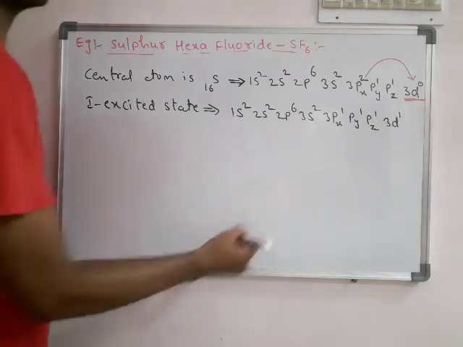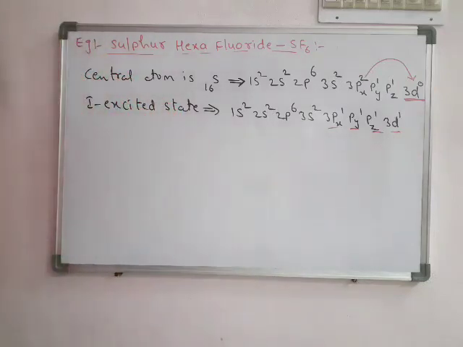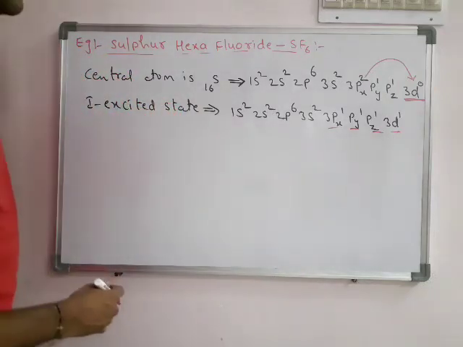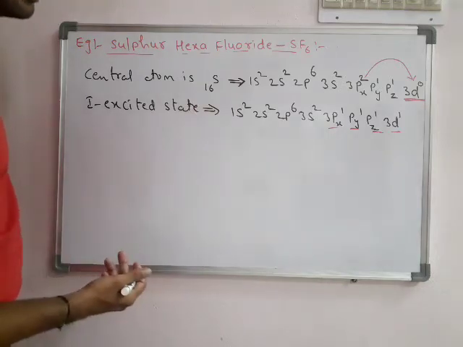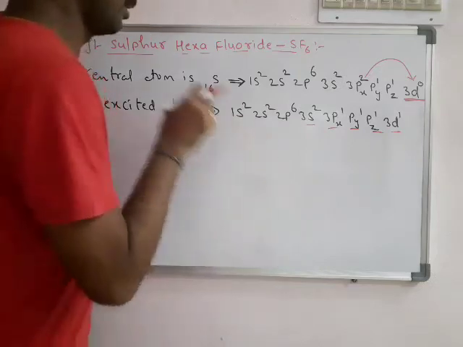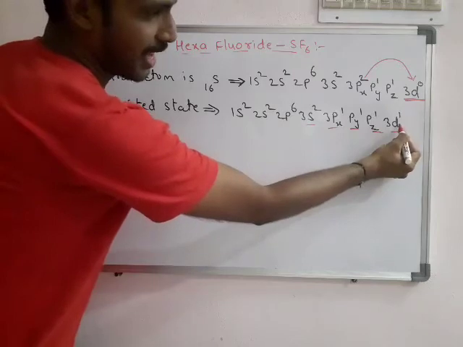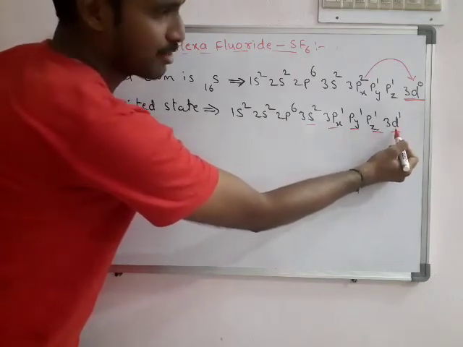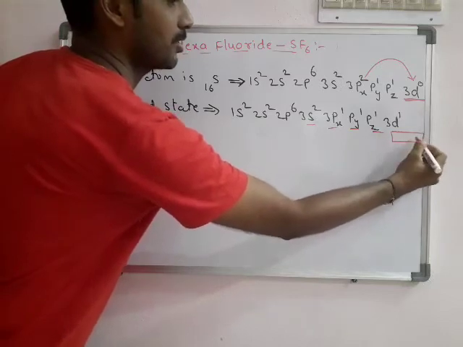Only 4. To get 6 bonds, is there any other possibility? In the valence shell 3s2 is there. If it also shifts here, actually we wrote only 3d, but 3d has 5 boxes in total.